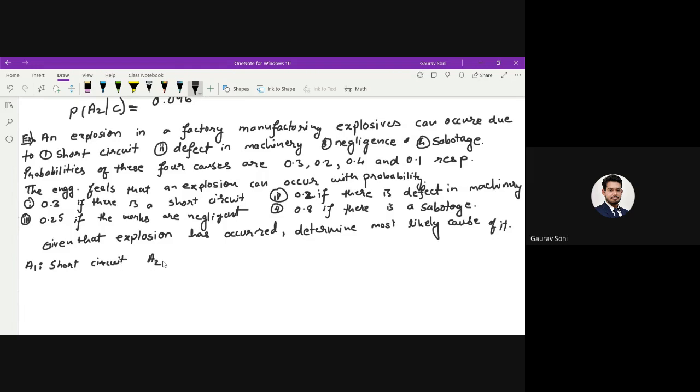E2 is defect in machinery. E3 is negligence. The fourth one is sabotage.